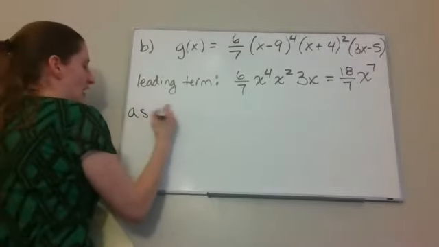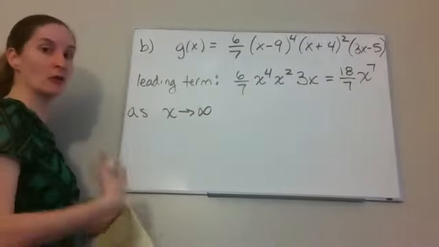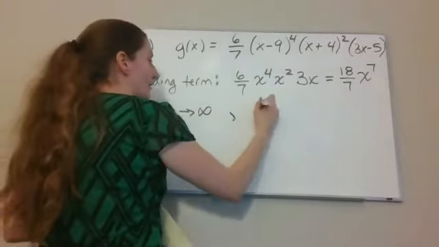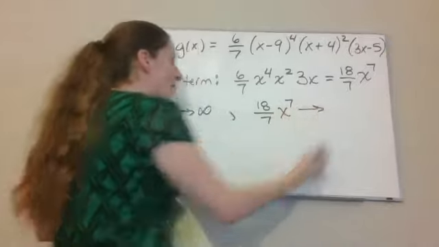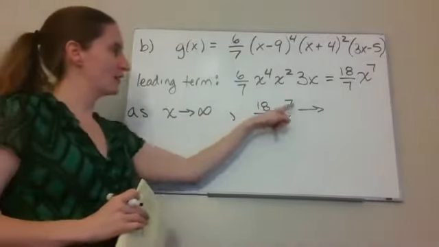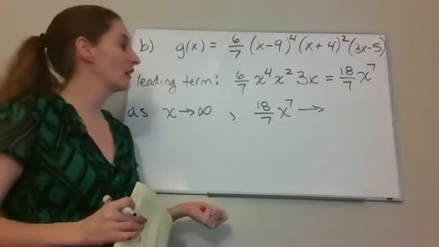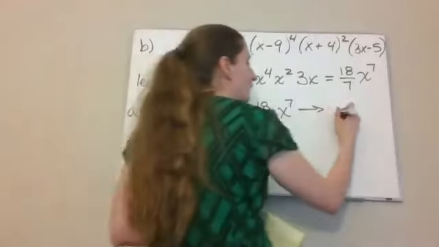So now let's check what happens as x approaches infinity. So as we go to the right side of the graph, our leading term, what happens to that? Really big positive numbers to the 7th power are going to be really big positive numbers. Multiply it by another positive number and it stays positive.